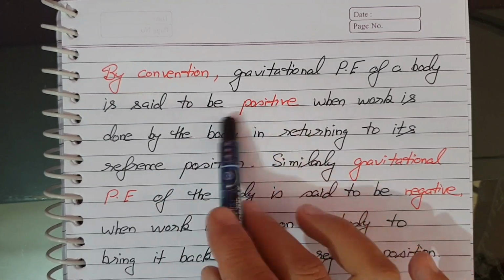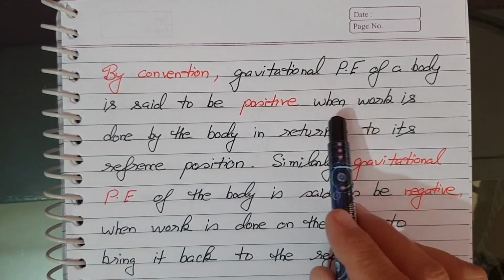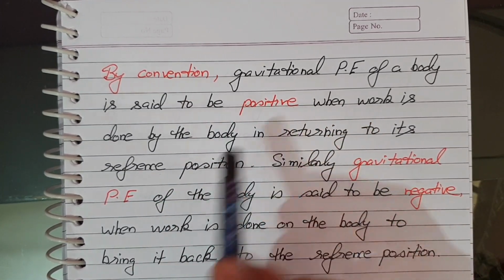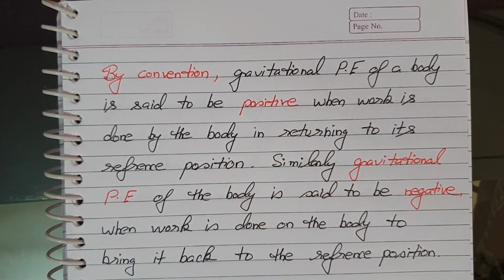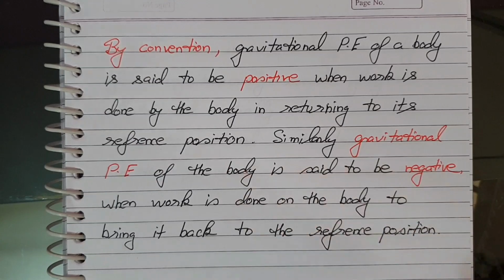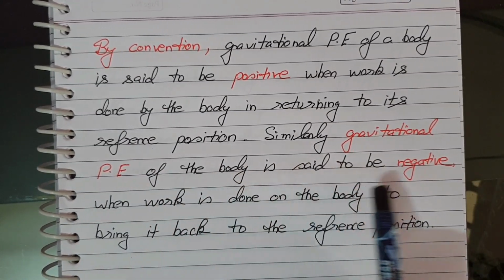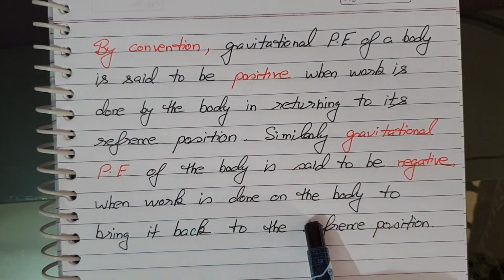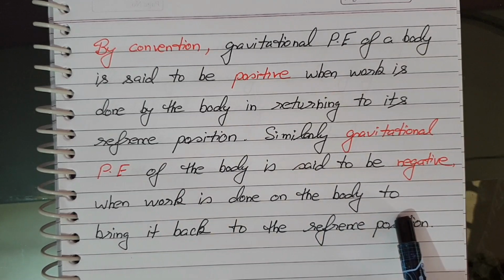Similarly, gravitational potential energy of the body is said to be negative when work is done on the body to bring it back to the reference point.